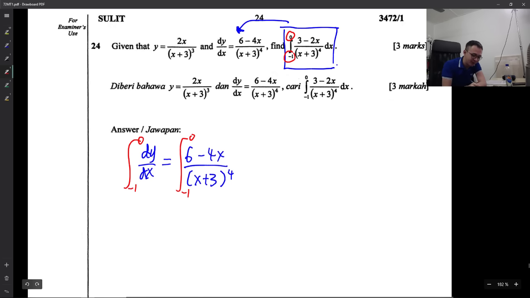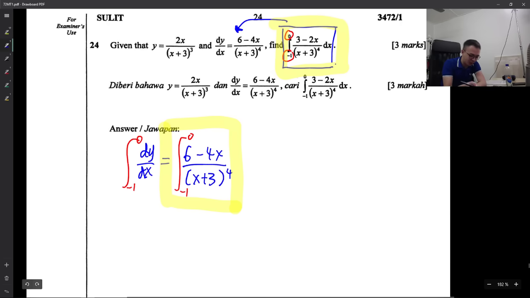Okay, but the whole thing here looks quite similar to this one, but still not the same, because top is 6 and 4, this is 3 and 2. So my idea is maybe I need to factorize out the 2 to make it look exactly the same. 3 minus 2x. So I factorize out the 2, now actually they look the same.